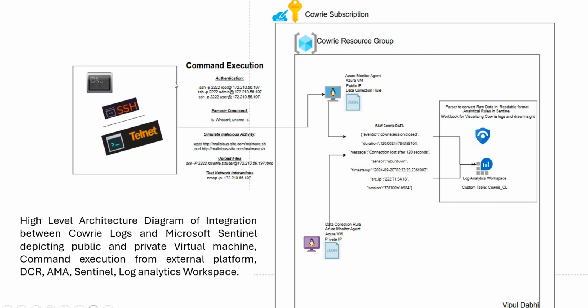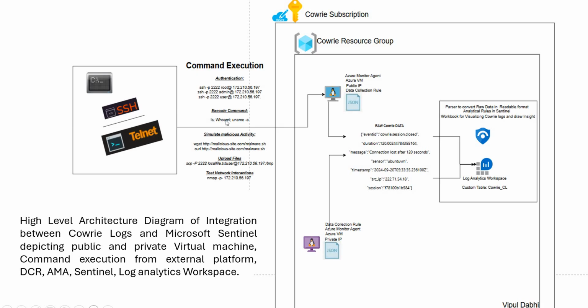Now for the public IP one, we can use the command prompt to perform SSH and Telnet. SSH and Telnet are supported natively by Cowrie Honeypot, so we can execute commands towards this public IP. Consider this as a machine which got compromised by an attacker who is able to access it.